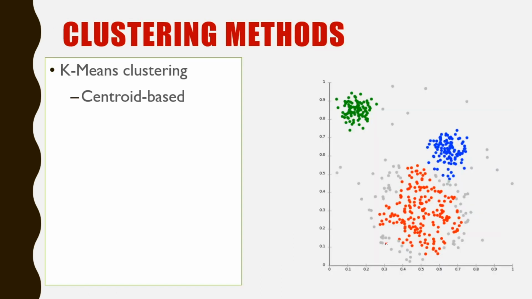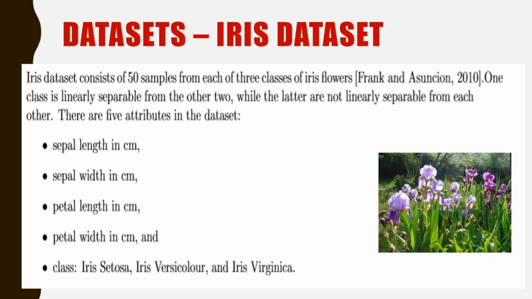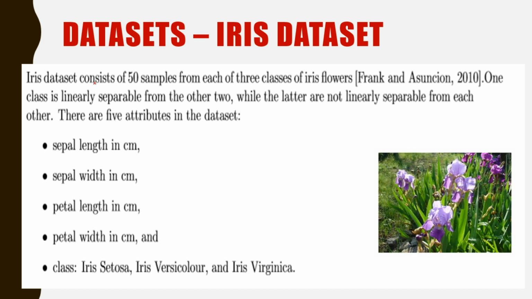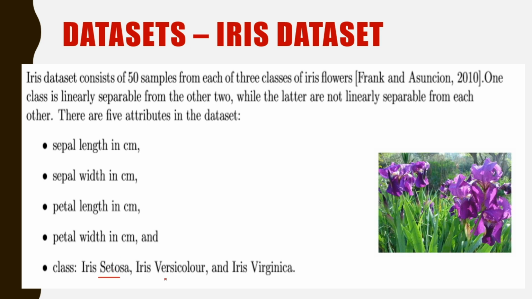Here we are going to perform a centroid-based k-means clustering algorithm. We are going to group your data set by creating clusters of similar patterns. This is what we are going to perform in today's session. For that, we are going to take the iris dataset. Iris is a plant which has three classifications: iris setosa, iris versicolor, and iris virginica.